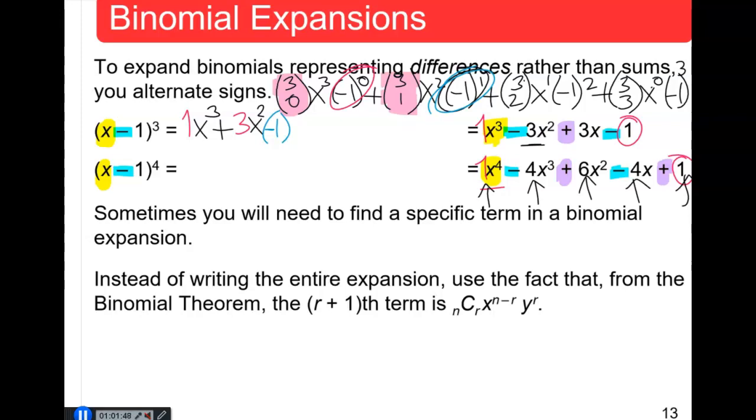Then for the next binomial coefficient, will be equal to 3 as well. And we will have x to the power 1. And then for negative 1 squared, it will be negative 1 times negative 1, which will be positive 1.